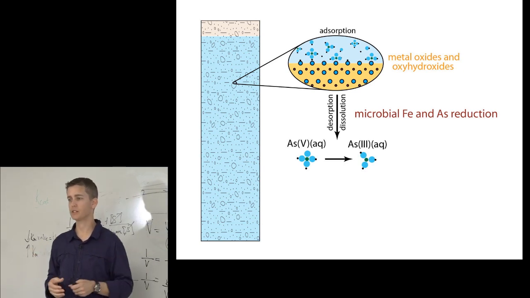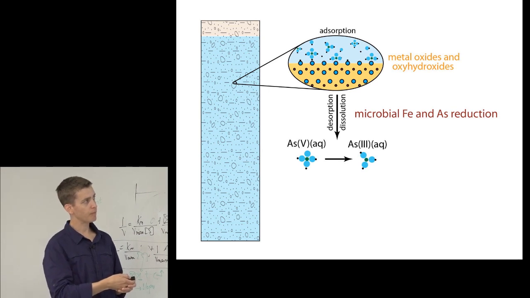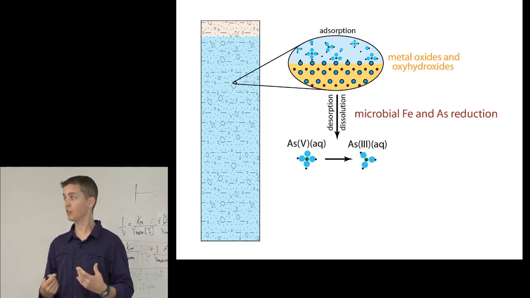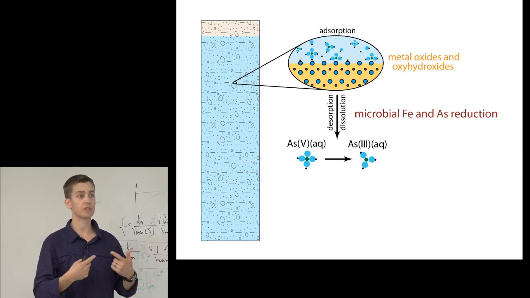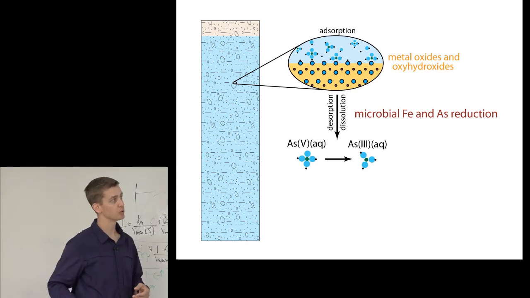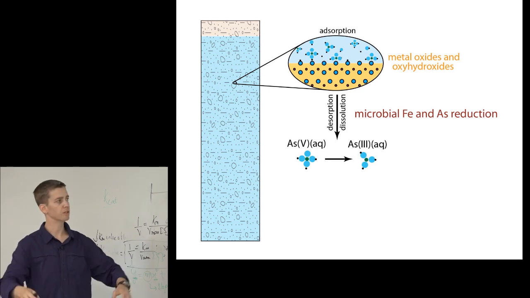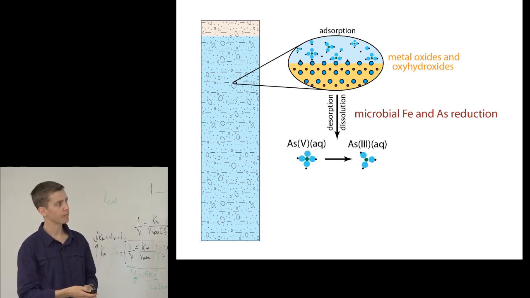It becomes mobilized. If microbes are also respiring the arsenic, they can also mobilize that arsenic because they're changing the oxidation state of the arsenic and affecting its ability to sorb. So this seems to be happening throughout the aquifer, arsenic being released into the groundwater.